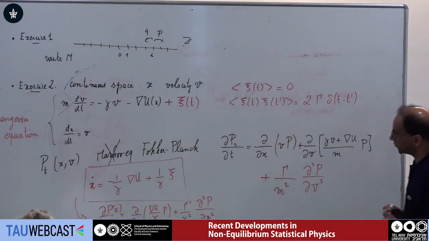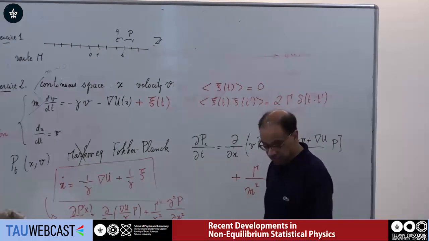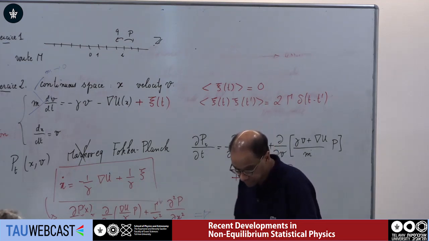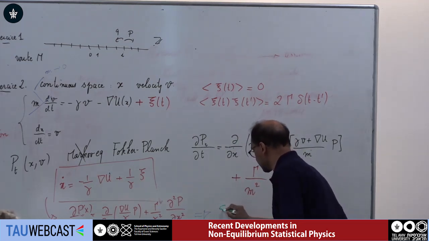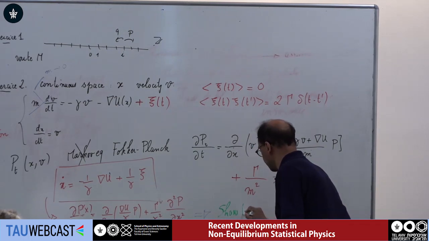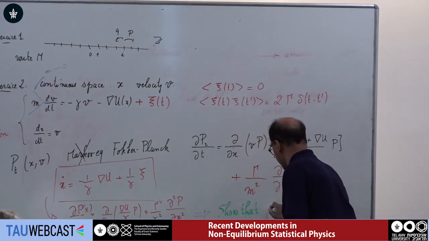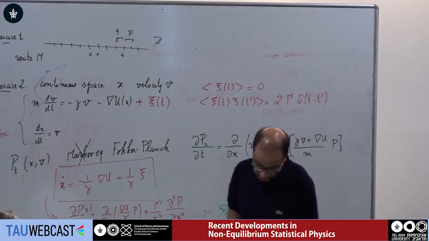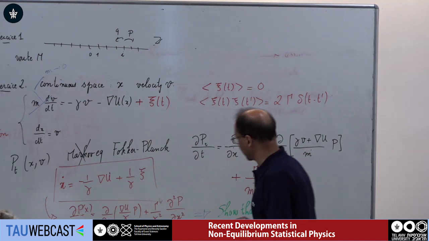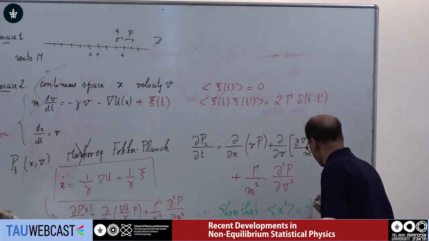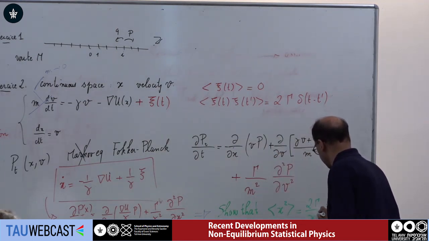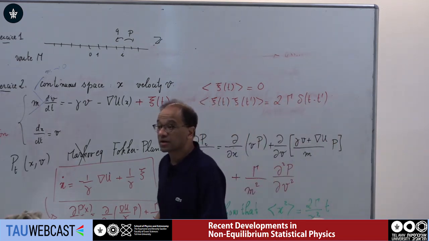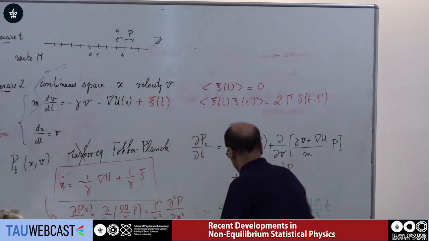And one exercise I leave to you is that using this equation, show that x squared grows linearly with time, like 2 gamma over gamma squared t. Sorry, without a potential, of course.